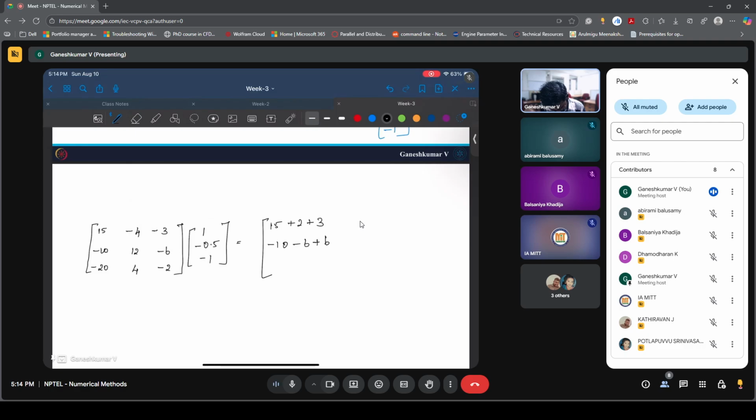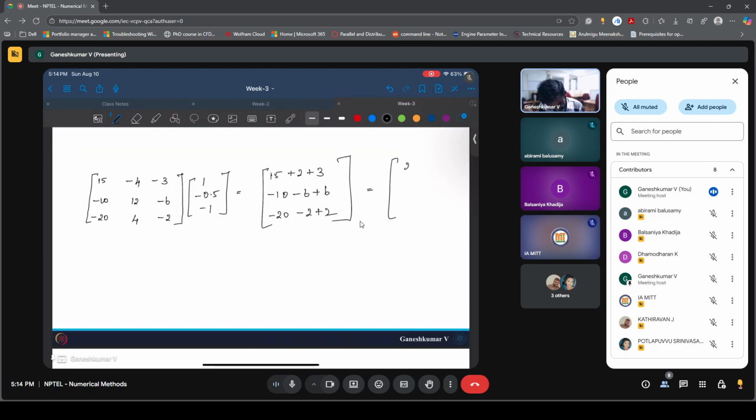And this is minus 20 plus 2, minus 2 plus 2. Okay, so this comes out to be 20, minus 10, minus 20. Now if I take 20 outside, then it becomes 1, minus 0.5, minus 1, correct? So this and this are the same.